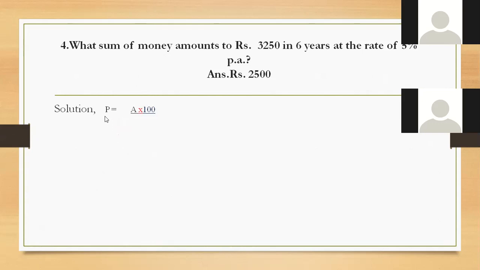Principal equals A into 100 by 100 plus T into R. Then 6 fives are 30, then 130. 3 lakh 25,000 divided by 130. What will be the sum then? Its sum will come rupees 2,500. I hope you have done like this.